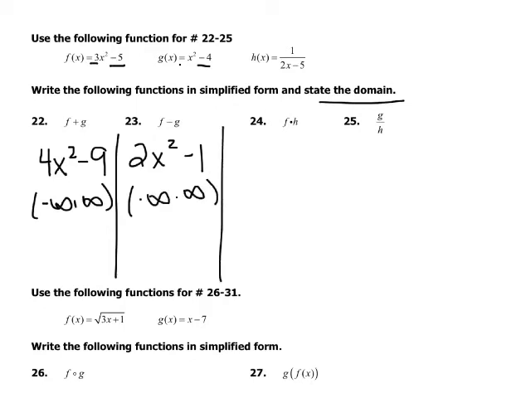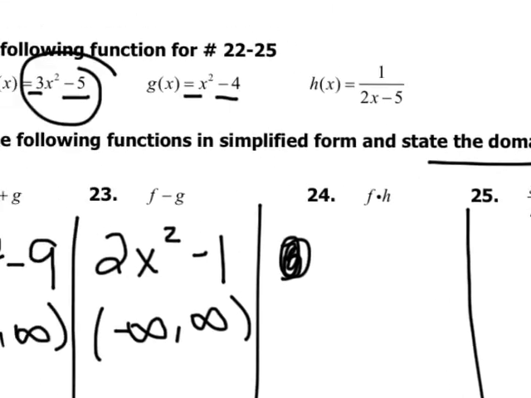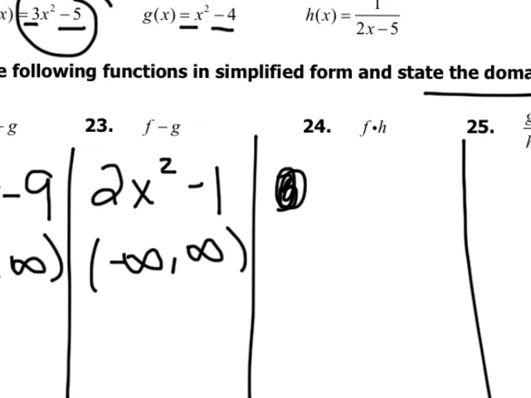F times h. So this is f. If I multiply, I can show this one. So let me zoom in. So 3x squared minus 5 is my f.